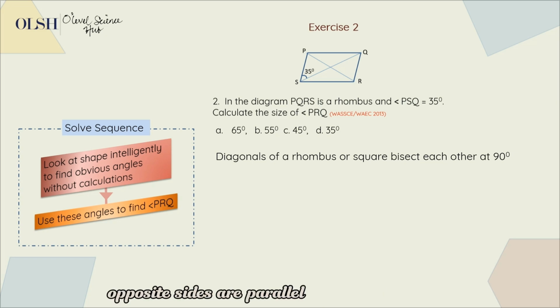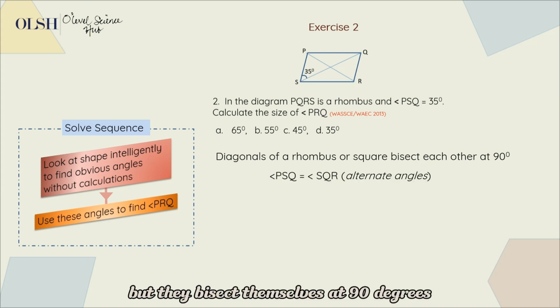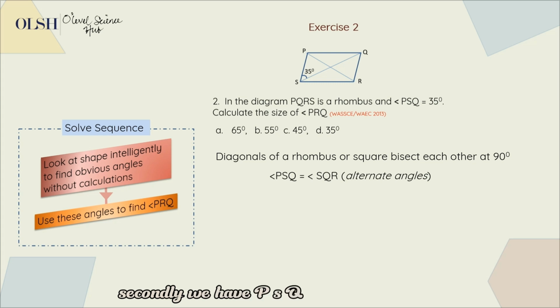Opposite sides are parallel and equal in length, so we have this as a parallelogram. But not only do they bisect themselves, but they bisect themselves at 90 degrees. So secondly, we have PSQ equal to SQR, and that will be because of alternate angles.